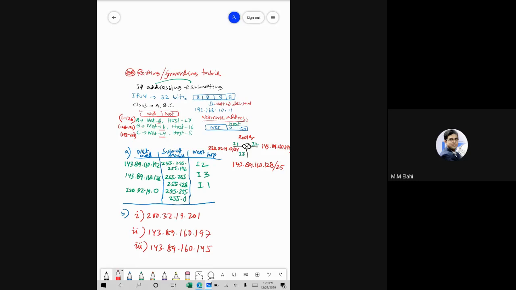Now, what are these? These actually represent, suppose a packet has come with this destination IP.